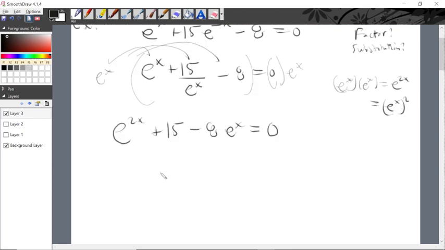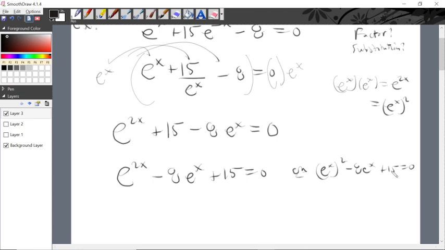So in fact, if we rewrite this in descending order of the powers, we have e to the 2x minus 8 e to the x plus 15 is equal to 0. Right? Or e to the x squared minus 8 e to the x plus 15 is equal to 0.